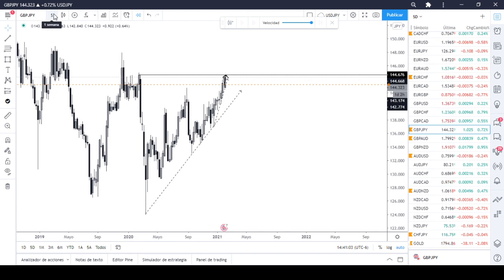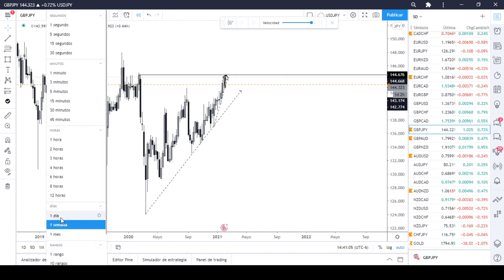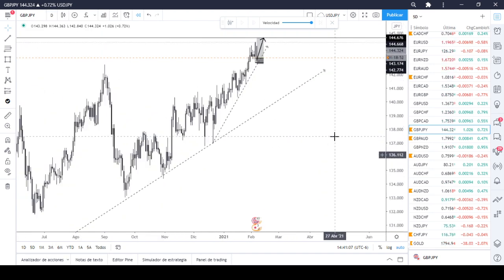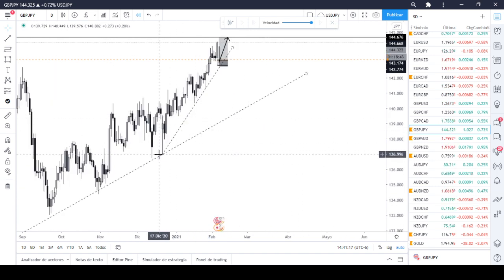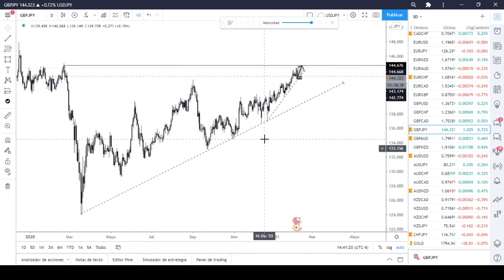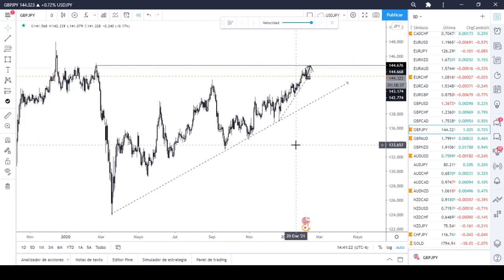Now I have the daily. See what the daily is doing. It's the same thing: supply zones being taken out, supply zones being taken out, supply zones being taken out. And I have a daily trend line forming there that is still intact. So if you ask me about taking a short there, I wouldn't do it.